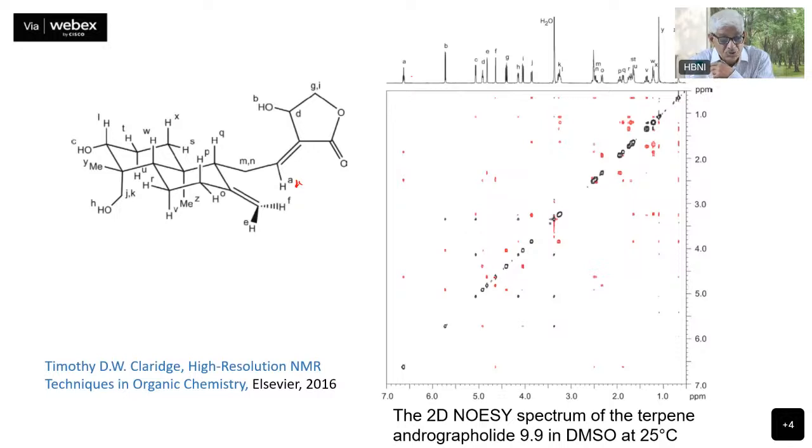A is showing to E, and it is also showing to F. Both are very close, they are orthogonal. E and F are close. Both are getting close.